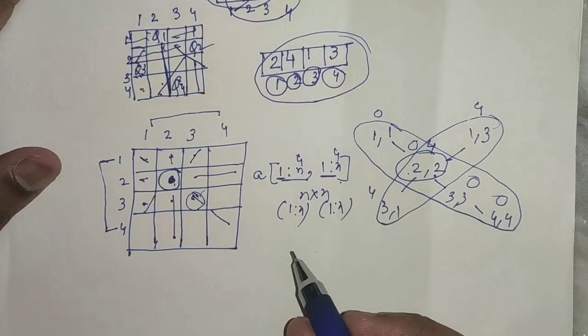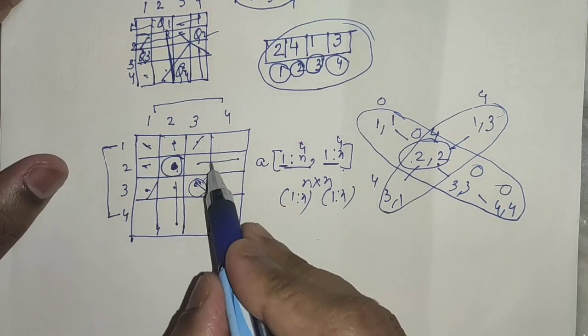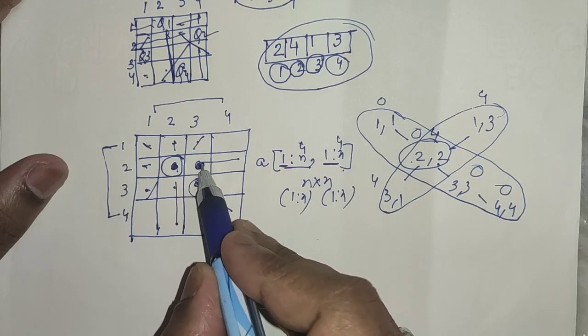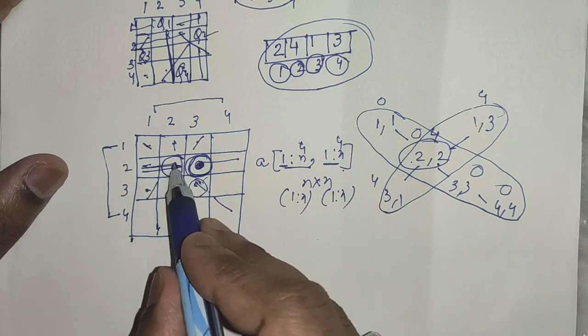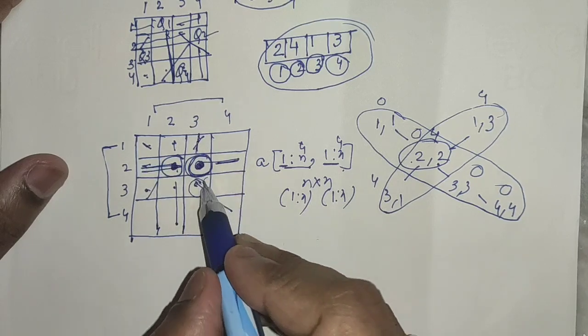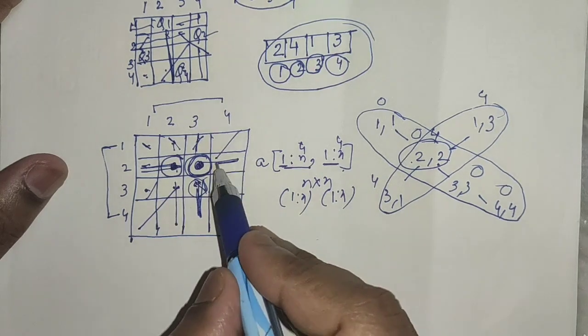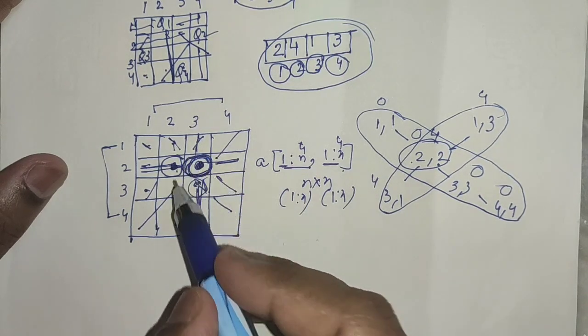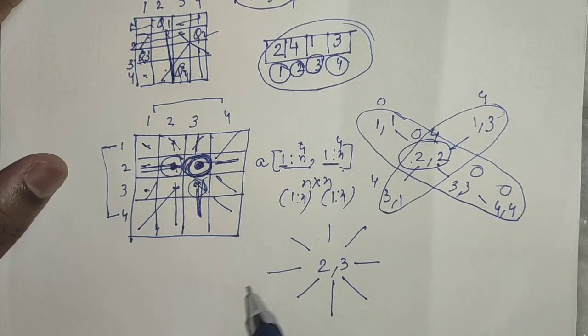So similarly, in the same chessboard, if you consider this is the position, this row is blocked, this column is blocked, and this diagonal is blocked. So what is the position in terms of row and column? Second row, third column. It blocks the row and the column, and the diagonals.